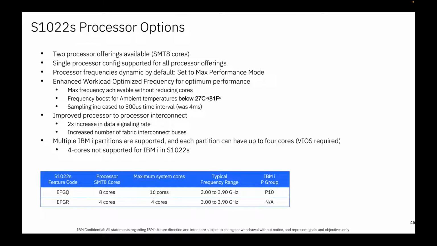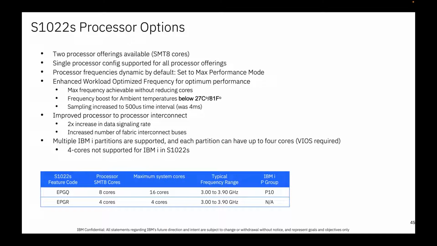So, one, it won't go anywhere to ask for I on 1050. That dog doesn't hunt. However, there might be an appetite for putting I on the EPGR feature code, the 4-core. We'll have to see what happens and where that goes.